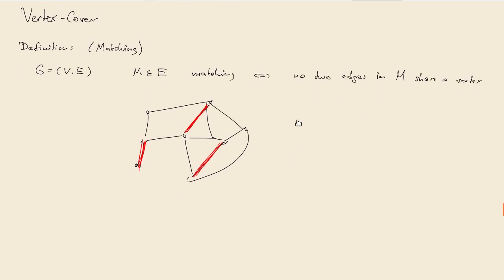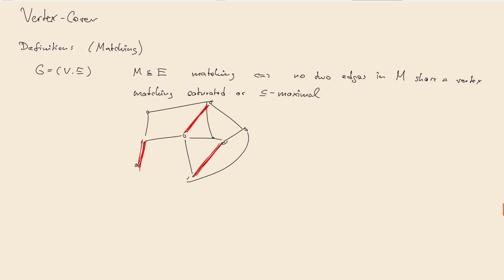We additionally call such a matching saturated or inclusion maximal, which I guess I prefer because it's very specific about what it's actually meaning. So that means it's a matching to which I cannot add another edge.